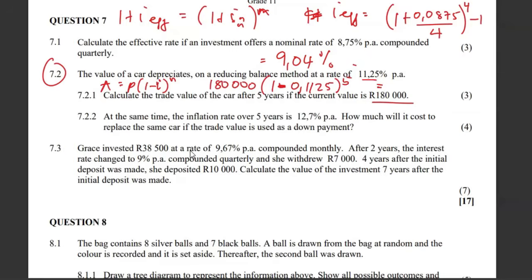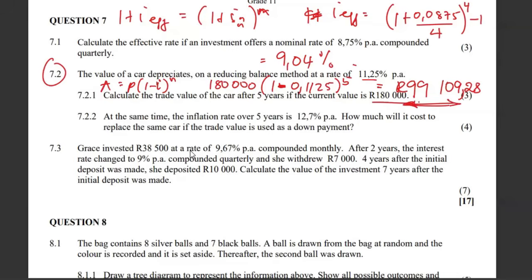Punching that into the calculator, the trade value I'm getting is 99,109.28. So that is what I end up with.